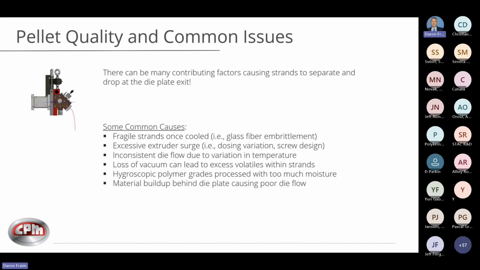You want consistent linear speed of your strands toward the pelletizer, but any surging can cause a little bit of pull against one another. And if your strands are fragile, brittle in the water trough but still soft and elastic between the die and the water, then you can see a separation at that juncture.